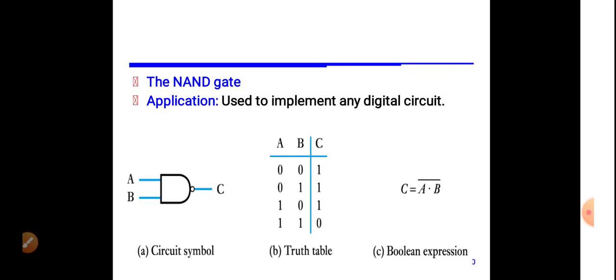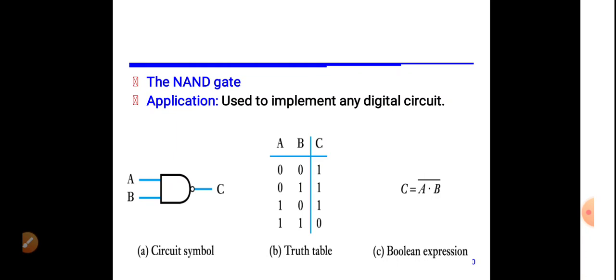As we have two inputs A and B, we get four different combinations: 0 0, 0 1, 1 0, 1 1. Coming to the output, that is A dot B whole complement. 0 dot 0 is 0, but the whole complement is the reverse, so in the first case the output is 1.